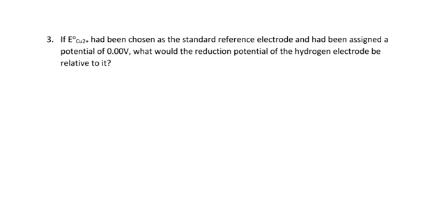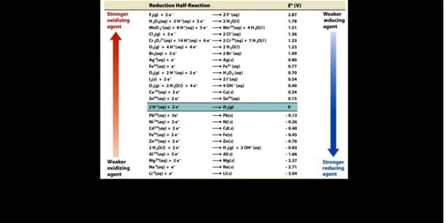So what would be the reduction potential of the hydrogen relative to the standard reference electrode, arbitrarily the copper 2 plus? If we go to the reduction potentials, we can see that hydrogen is the actual standard reference, and being 0, we have copper somewhere above at 0.34.